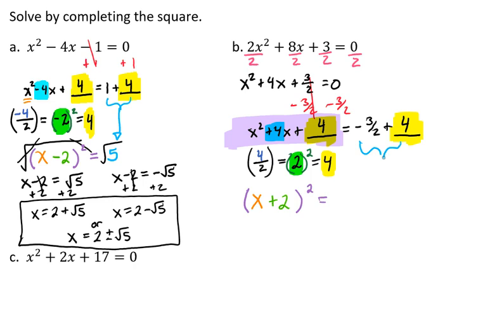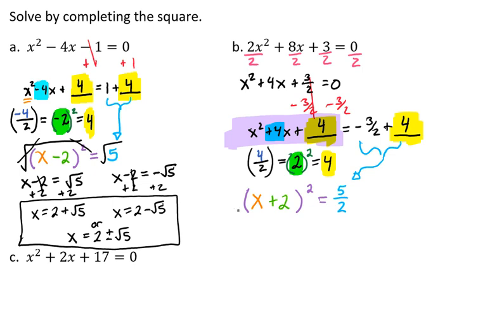That's something you can plug into your calculator and it will give you the value. So we plug it in and we get 5/2. And now we're ready to solve.